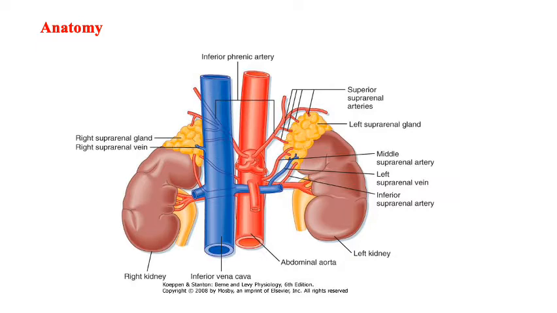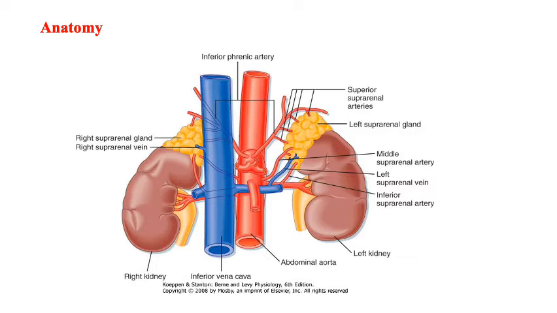As you know, we have two adrenal glands, the right one and the left one, located on the superior wall of the kidney. The most important points in the surgical anatomy of the adrenal gland are the blood supply and, most important, the venous drainage.